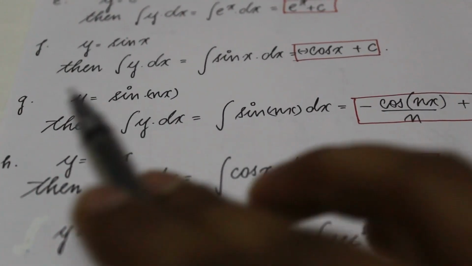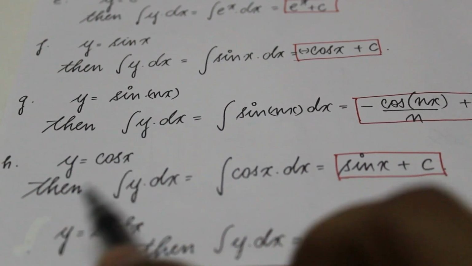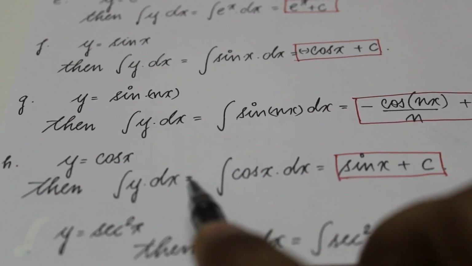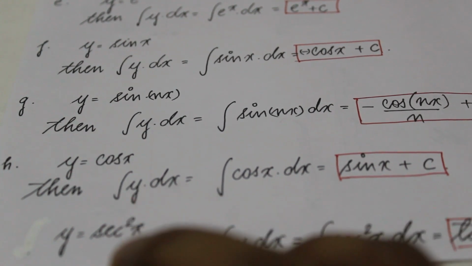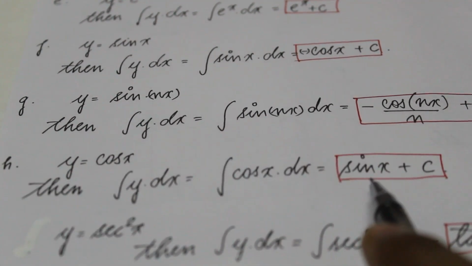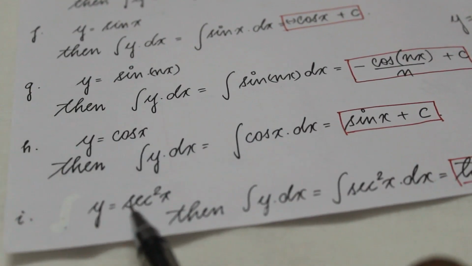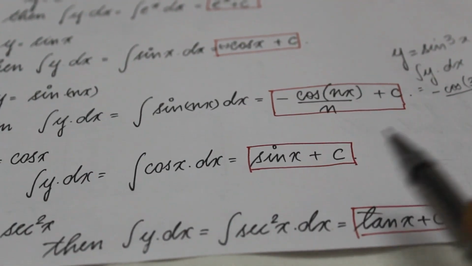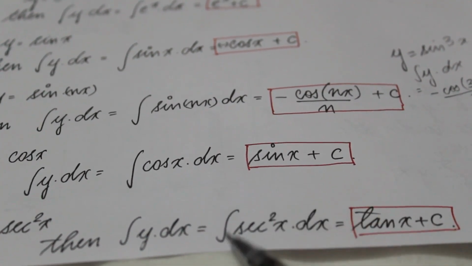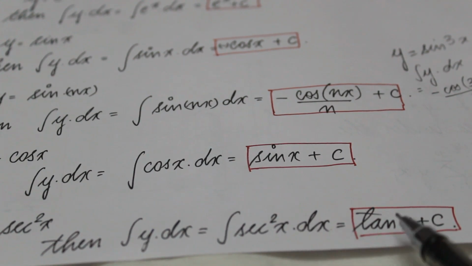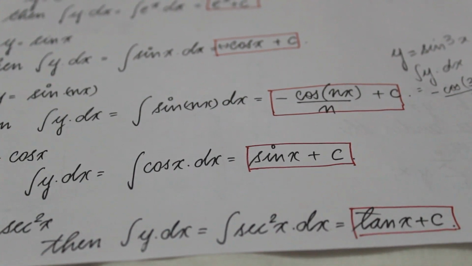Then if y is equal to cos x, what will be the integration? As we know, differentiation of sin x is cos x, so integration of cos x will be equal to sin x. Then y is equal to sec square x. As we know, differentiation of tan x is sec square x, so integration of sec square x will be equal to tan x.